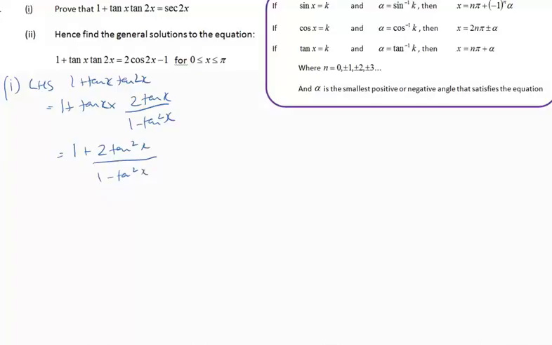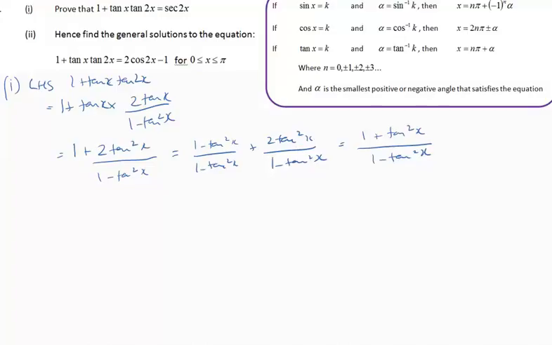And so we can change here our 1 to be 1 minus tan squared x over 1 minus tan squared x here, plus 2 tan squared x on 1 minus tan squared x here. So from here, we work through, we've got 1 minus tan squared x plus 2 tan squared x gives us plus tan squared x here over 1 minus tan squared x here.